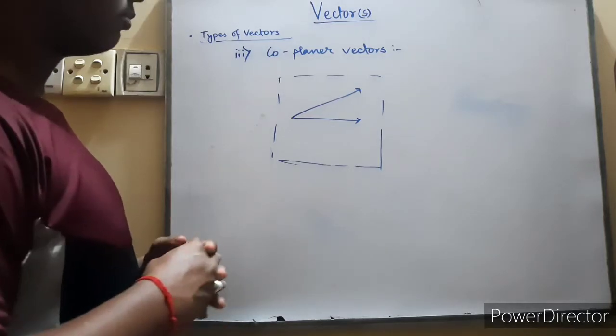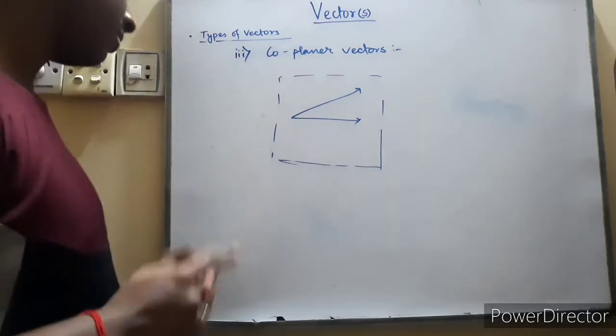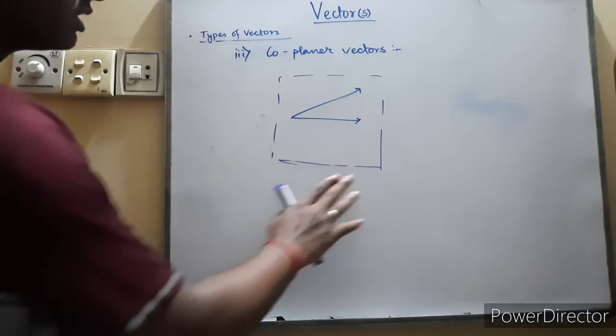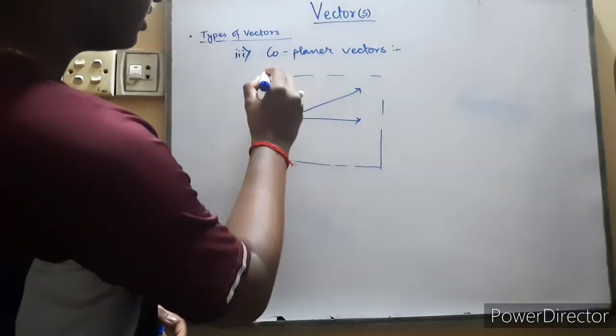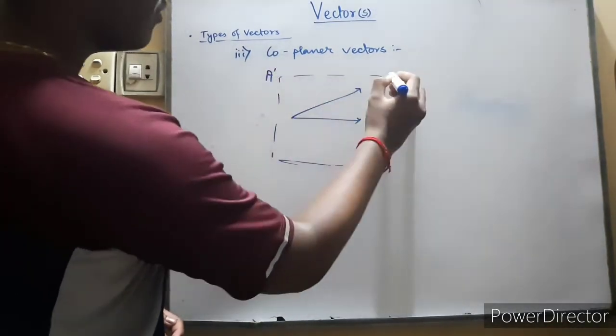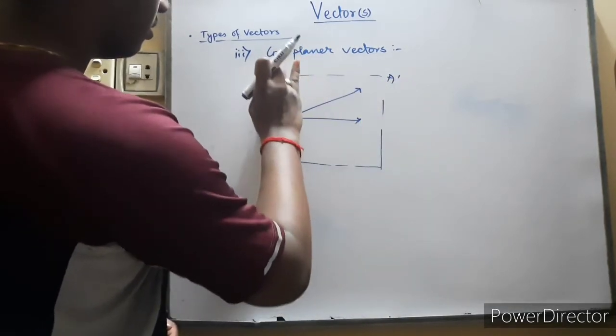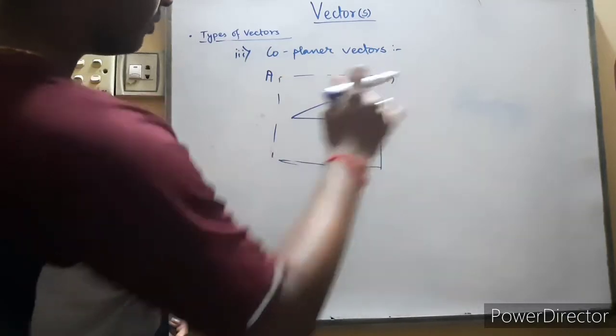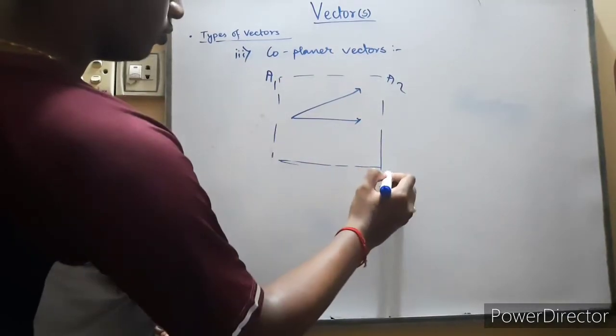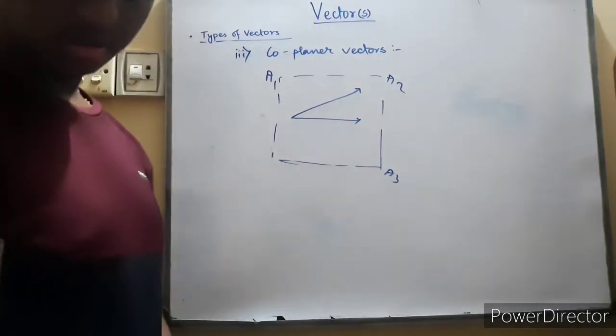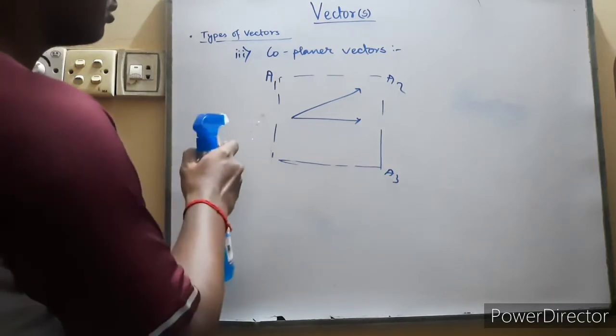Well, I cannot draw it. I'm not a very good artist. Let me name this A1, A2, A3. It's really bad.